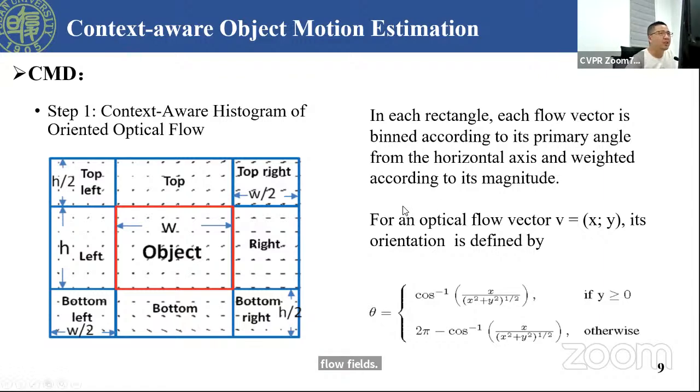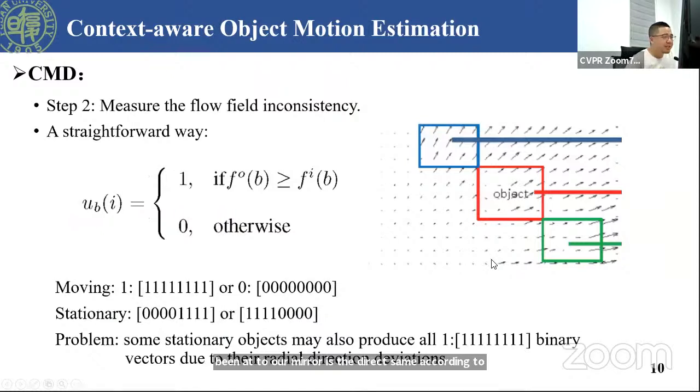Within each rectangle, each flow vector is binned according to its primary angle from the horizontal axis and weighted according to its magnitude. For example, for a flow vector in this area, we bin it to the nearest direction according to the right equation.